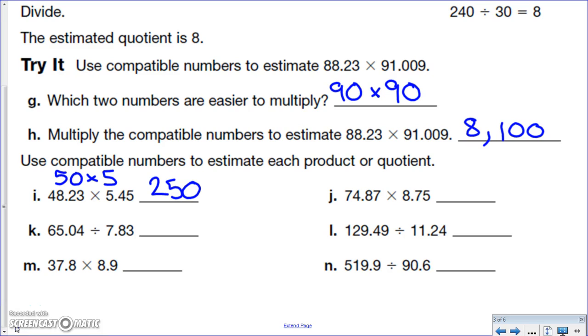For J, we have 74 and 87/100ths, so we're going to round that to 70. 8 and 75/100ths will round up to 9. 7 times 9 is 63, and then we just add the 0 on the end. So our answer is 630.